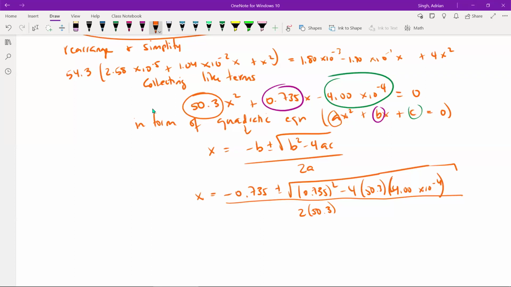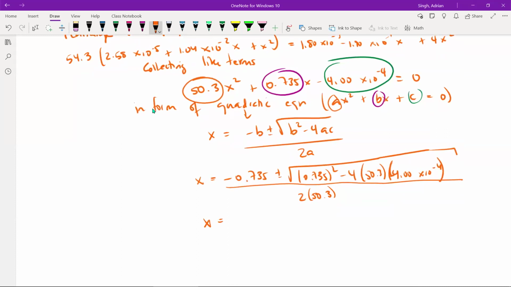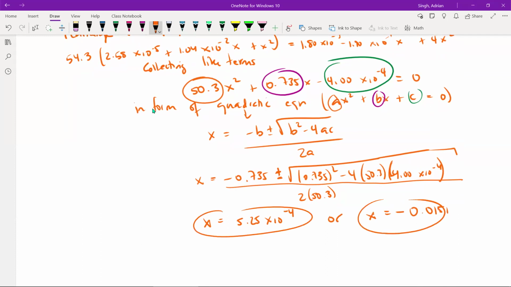Okay, so you solve this for x, we end up with two solutions for the quadratic, because this is plus or minus here. We end up with x equal 5.25 times 10 to the minus 4, or x is equal to negative 0.0151, right? So we get two solutions for this quadratic equation.